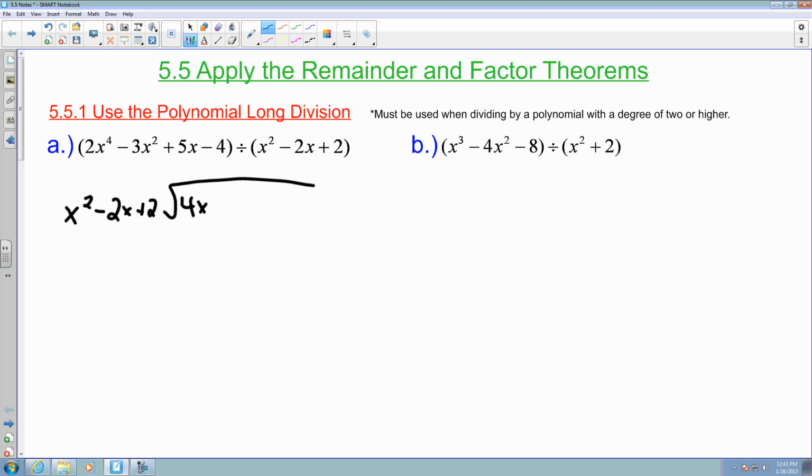Oh shoot, I wrote that wrong. 2x to the fourth minus 3x squared plus 5x minus 4. So first off, I already did something wrong.